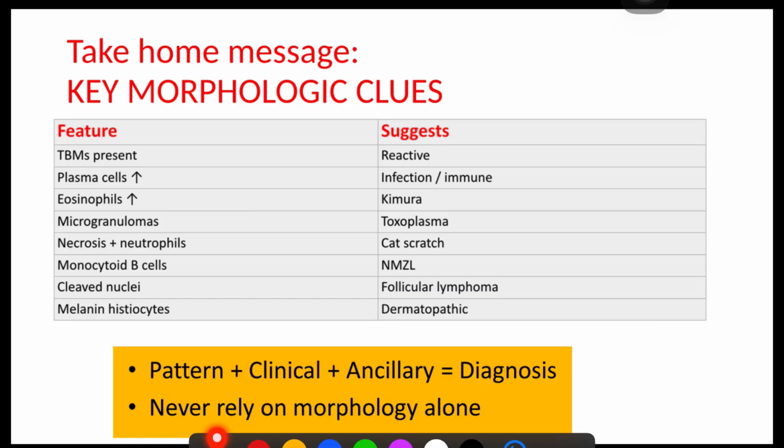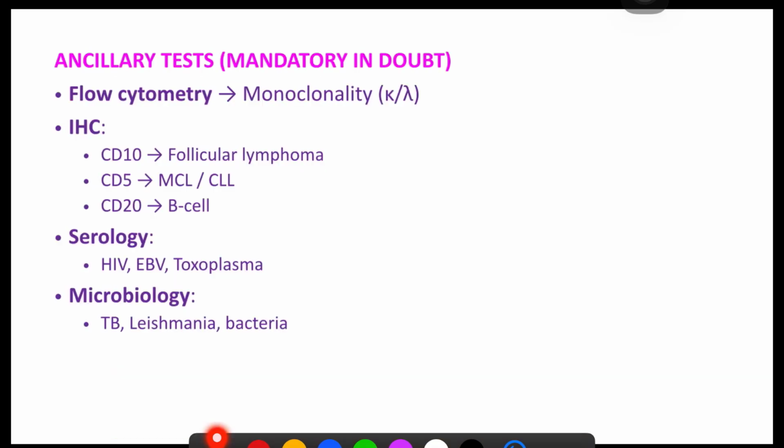So, the key morphological clues that you have to remember: first of all, always see the pattern, see the clinical history, go for ancillary tests and then diagnosis, and never rely on morphology alone, because here features like tingible body macrophages suggest reactive pattern, plasma cells suggest infection or immune mediated, eosinophils increased suggest Kimura, microgranulomas suspect toxoplasmosis, necrosis, granuloma, neutrophils suggest cat scratch, monocytoid B cells suggest nodal marginal zone lymphoma, cleaved nucleoli predominant suggest follicular lymphoma, and melanin histiocytes suggest dermatopathic lymphadenopathy.